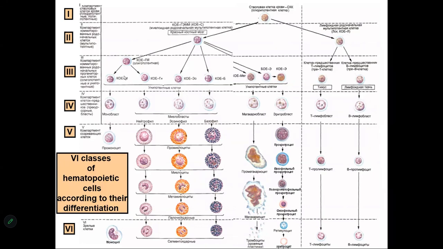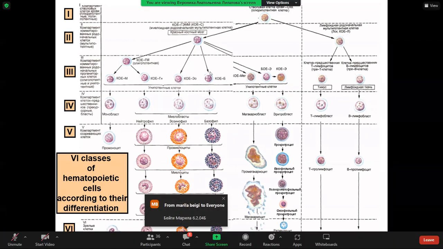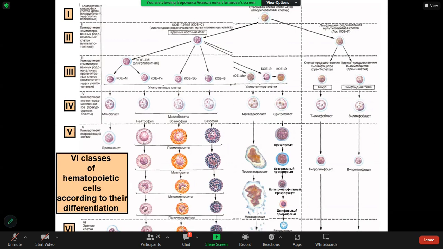Here, colony-forming unit for monopoiesis, colony-forming unit for granulopoiesis, colony-forming unit for eosinophil, colony-forming unit for basophil, colony-forming unit for thrombocytopoiesis, and for erythropoiesis, this is burst-forming unit, and also colony-forming unit for erythropoiesis.